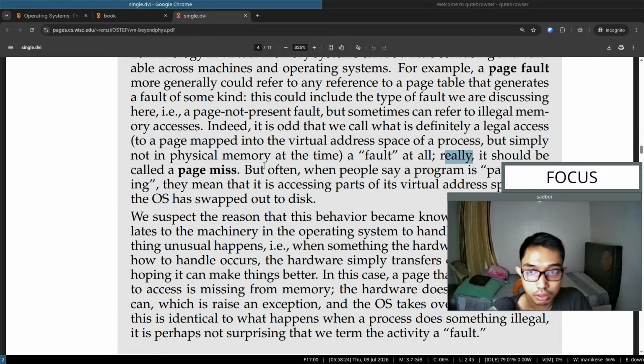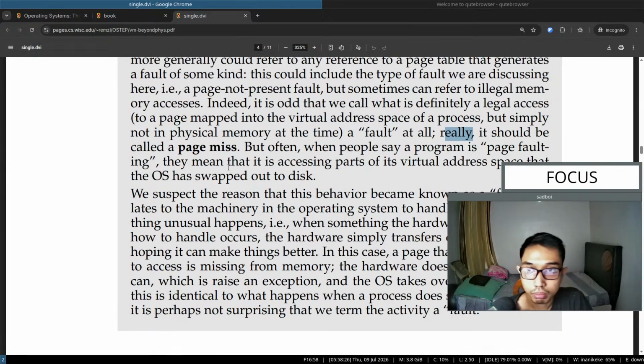Really, it should be called a page miss or something like that, I guess. But often when people say a program is page faulting, they mean that it is accessing part of its virtual address space that the operating system has swapped out to disk.